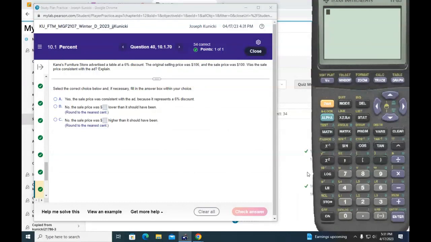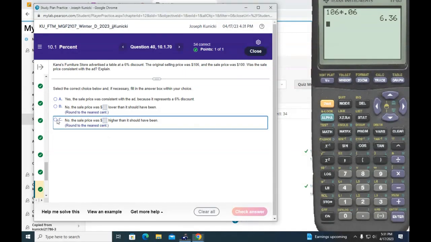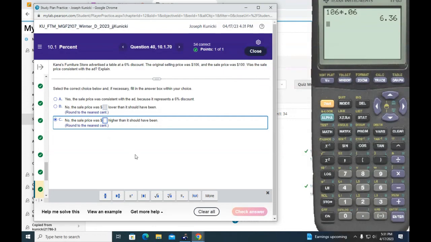Something's wrong, isn't it? Well, let's just see. We'll do 106 times 6%. So it should have been reduced $6.36. So the actual price should have been $99.64. So the sale price was higher than it should have been by 36 cents.